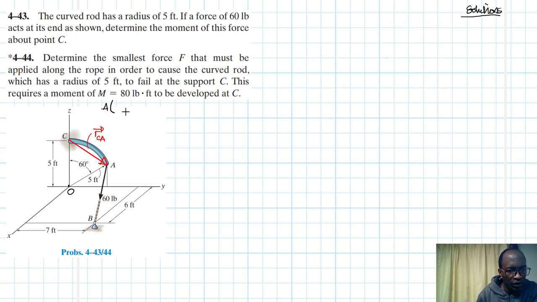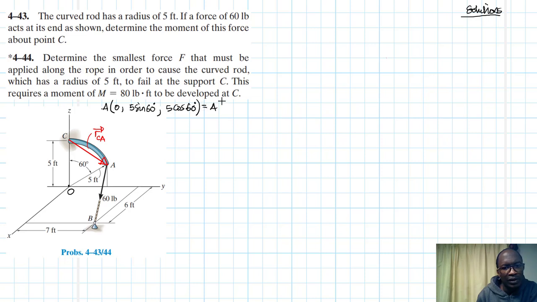A is going to be equal to, in the x it is 0, because if you've seen, A is just in one plane, which is the YZ plane. So in the x it is 0, then in the y it is 5 sine 60, then in the z it is 5 cos 60.